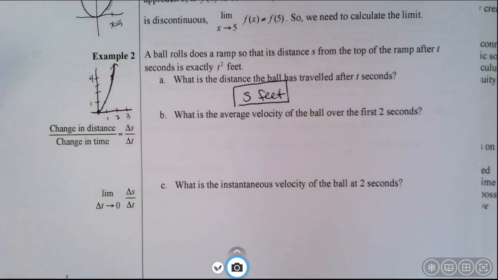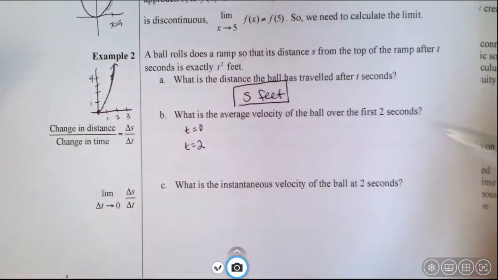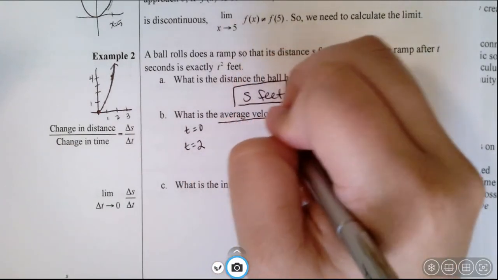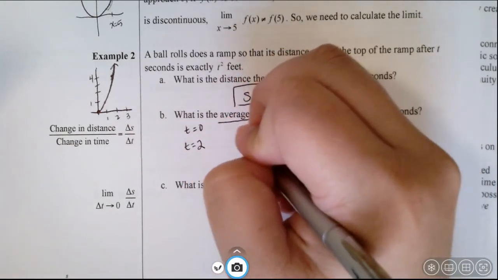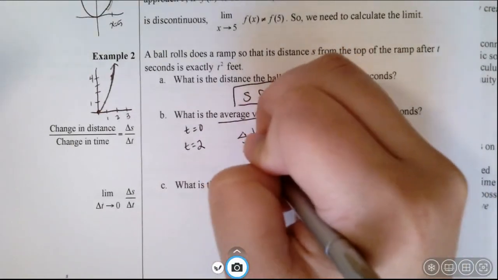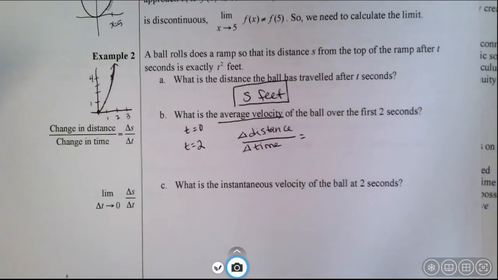Okay. What is the average velocity of the ball over the first 2 seconds? So we're looking from t equals 0 to t equals 2. Well, how far has the ball traveled, right? Velocity is distance over time. So how far has the ball traveled?